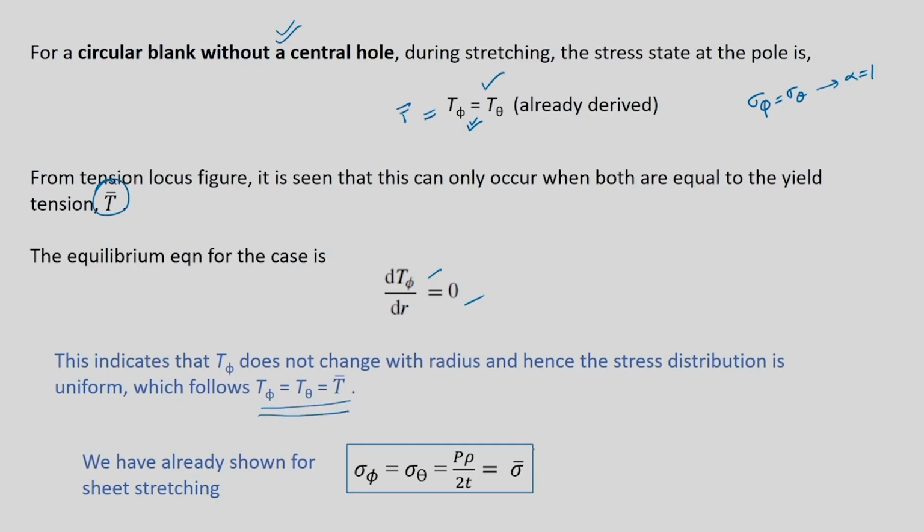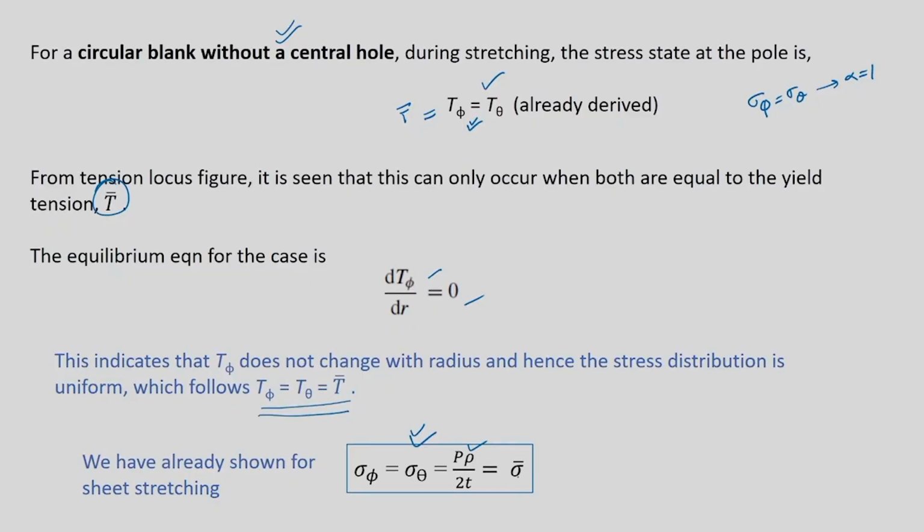This is what we also got before, sigma phi is equal to sigma theta is equal to sigma bar equal to P rho by 2T. So, with respect to stress and tension distribution, you can compare a sheet with a central hole and a sheet without a central hole, and one can understand these things.